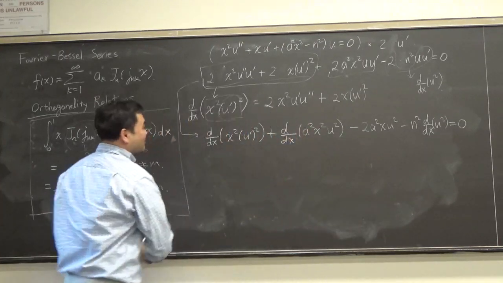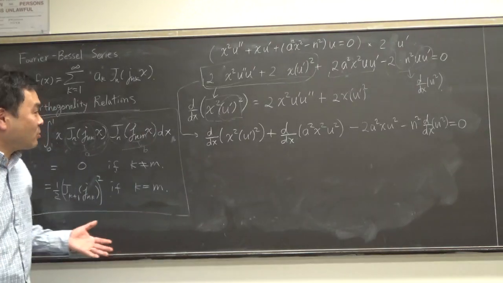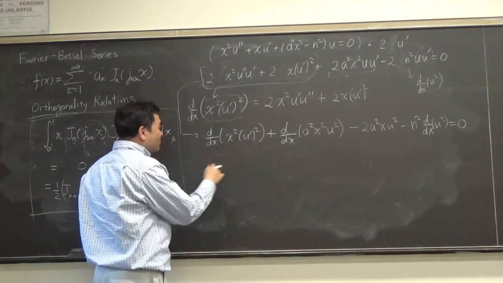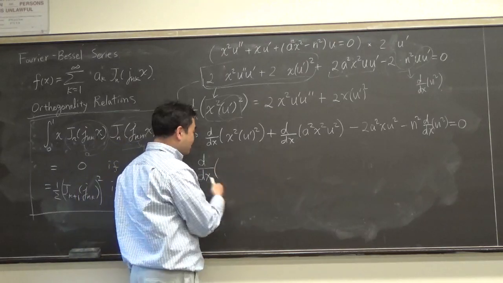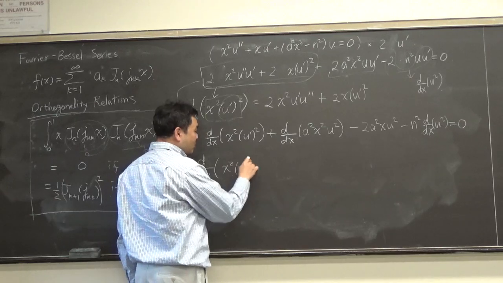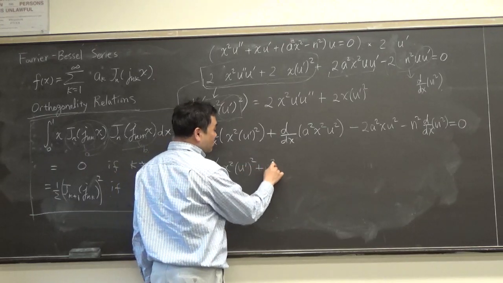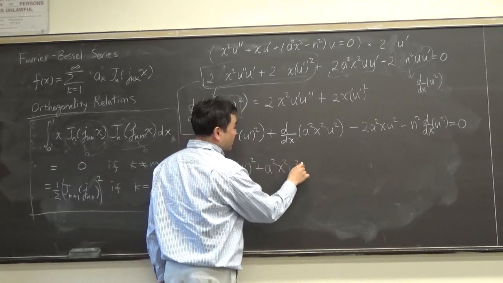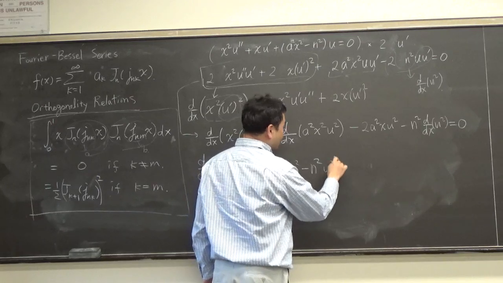So it's hard work. Okay, and now it's the same idea. We put the derivative on the left side, the derivative of x squared u prime squared plus a squared x squared u squared minus n squared u squared.